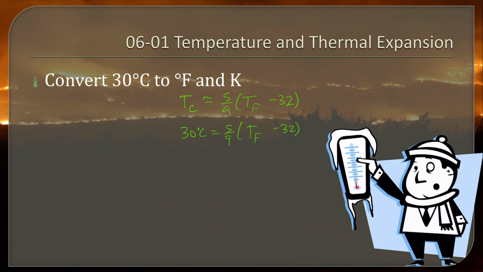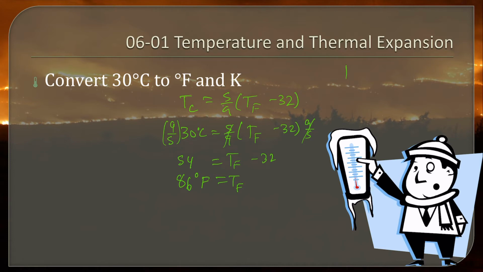So multiply by 9/5. And we get 54. And add the 32. When we add the 32, we get 86 degrees Fahrenheit.